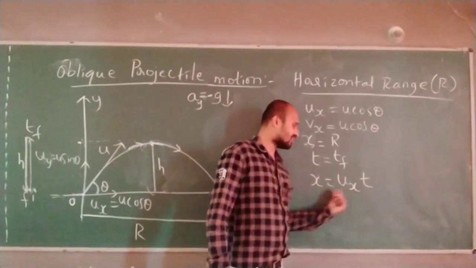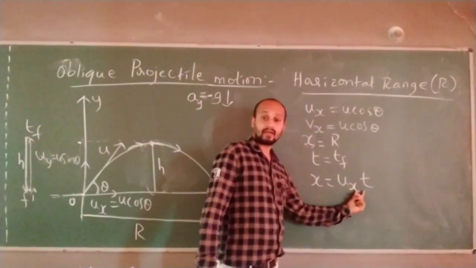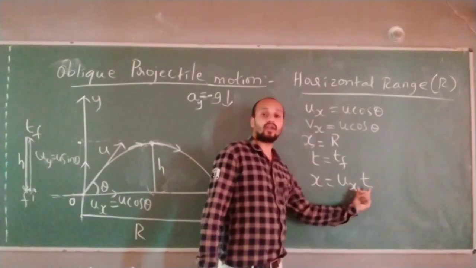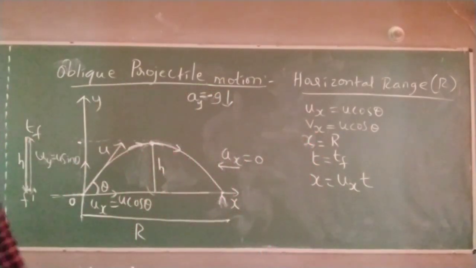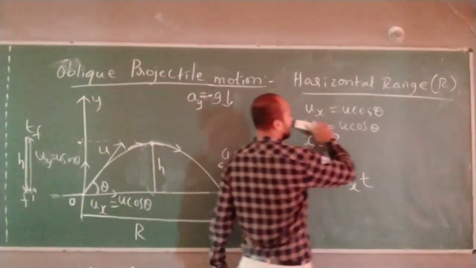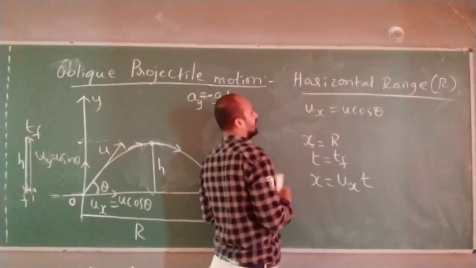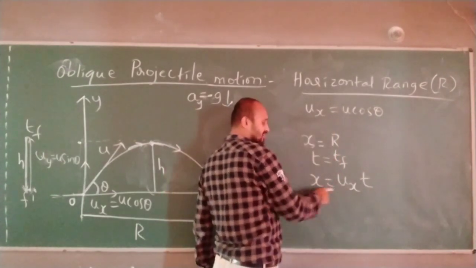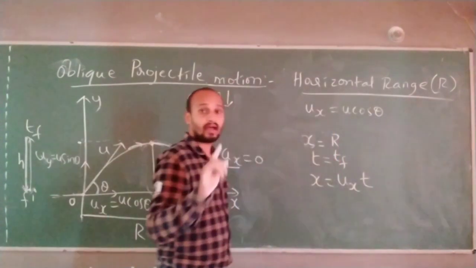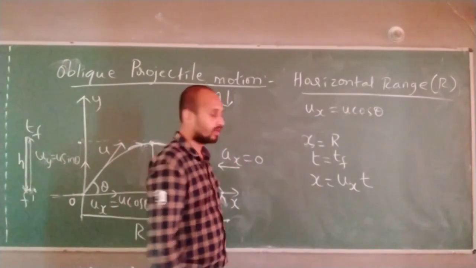Because velocity is equal to displacement by time taken, displacement is equal to velocity into time taken. This formula holds when there is no acceleration.